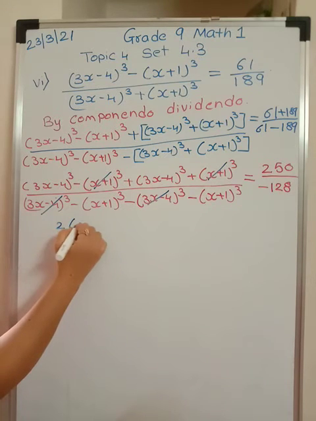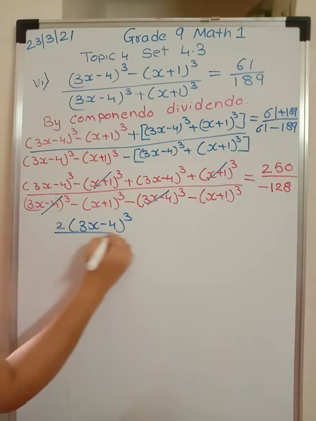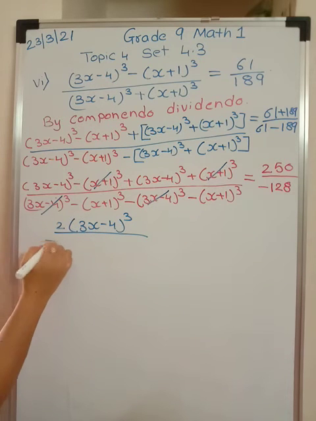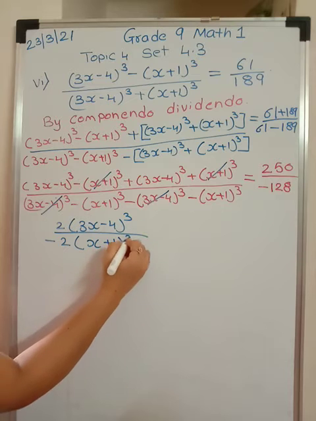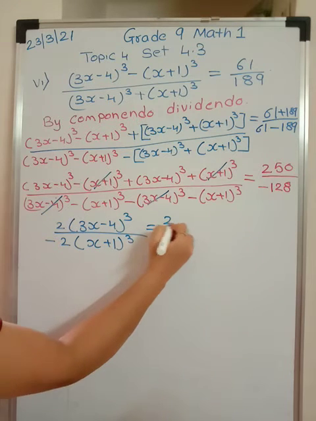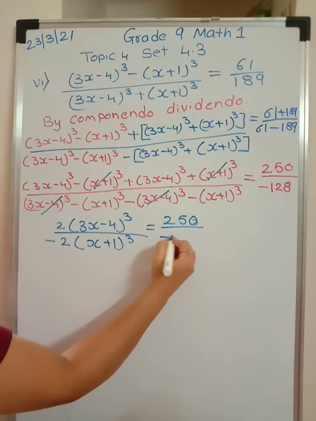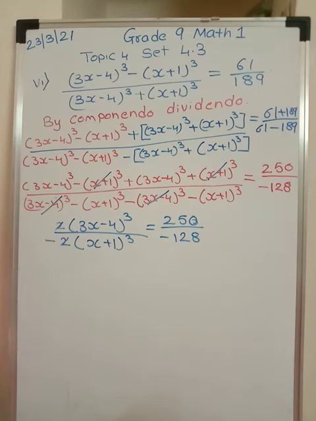So you have 2 times 3x minus 4 the whole cube upon minus 1 and minus 1 is minus 2 times x plus 1 the whole cube, is equal to 250 upon minus 128. Now this 2 and 2 would go. I hope it is clear up till here.